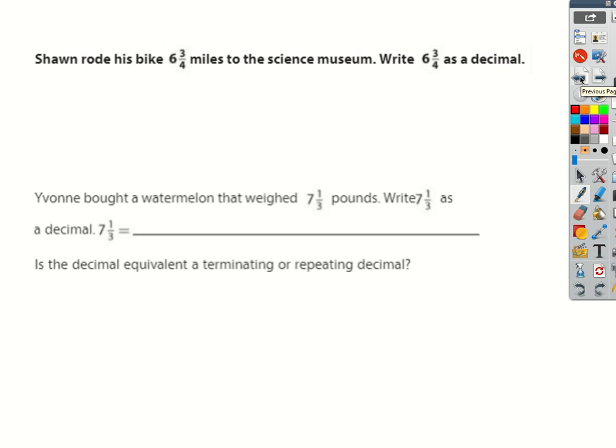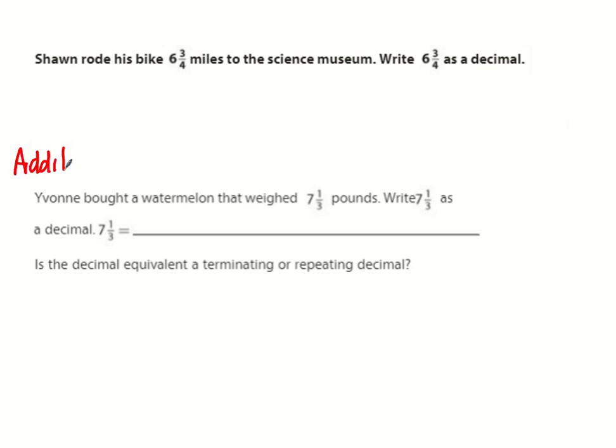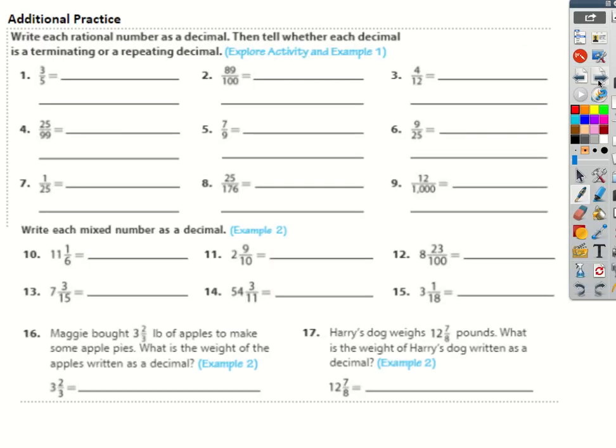So I want you guys to do this on your own as your additional practice. So do this word problem about Yvonne and the watermelons for your additional practice. You do that one as your additional practice, and then continue converting over, doing basic computation.